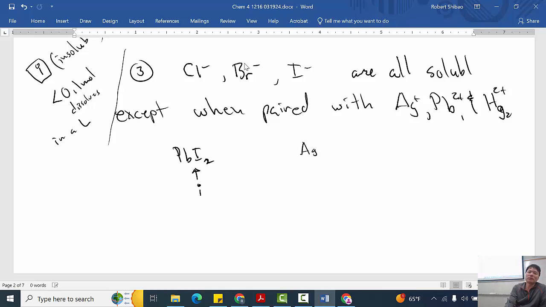How about when Ag is paired with nitrate? This is called silver nitrate. It's soluble. Nitrate salts are soluble. How about Hg2Cl2? Insoluble.